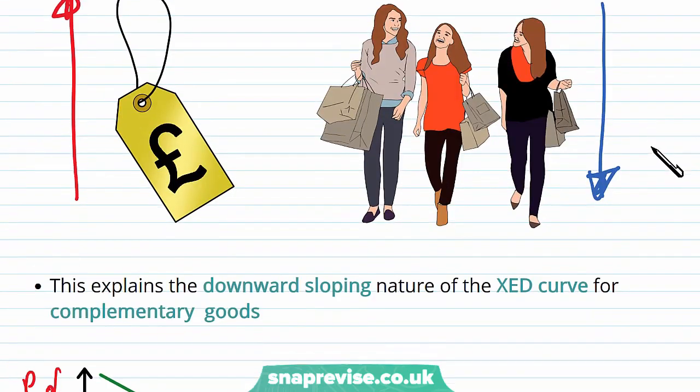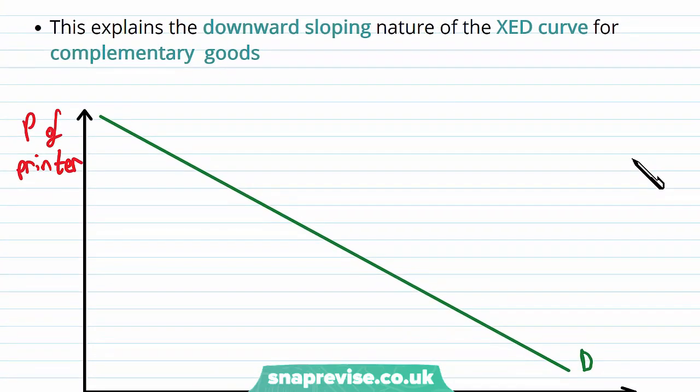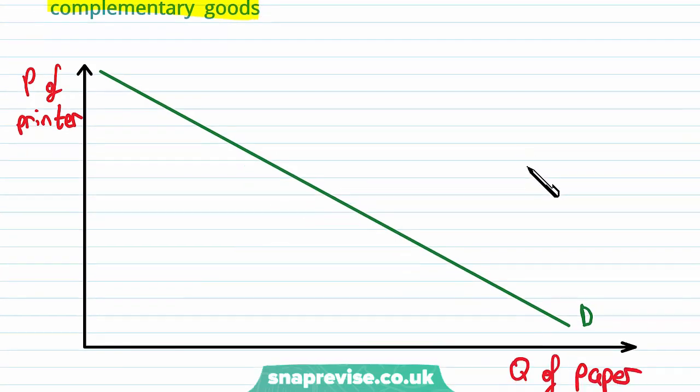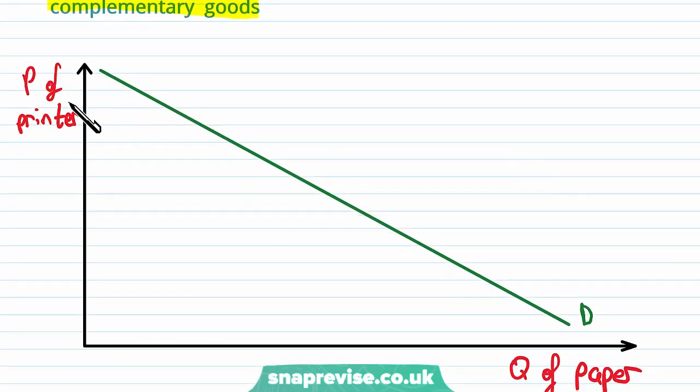And it's because they move in opposite directions that we're able to explain that there is a downward sloping XED curve when we are talking about complementary goods. So if we're seeing that the price of printers is increasing, as we can see here, then less paper will be demanded. Hence we would say XED is negative when it comes to complementary goods, because the percentage change in quantity is negative. We're buying less as a result of an increase in the price of another complementary good.